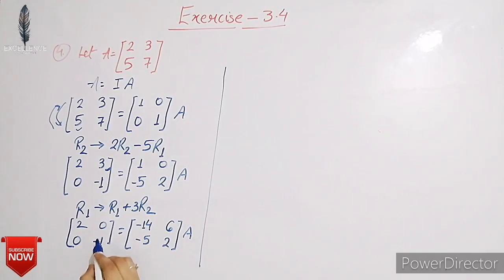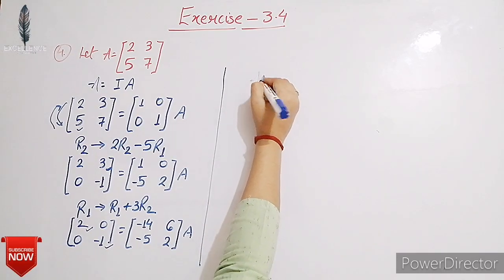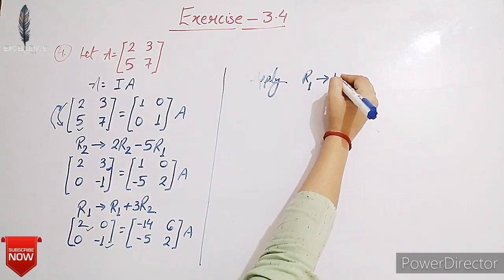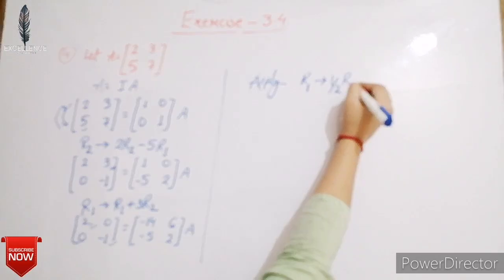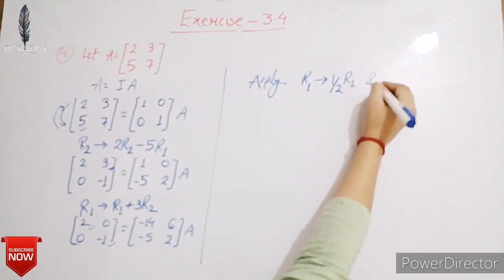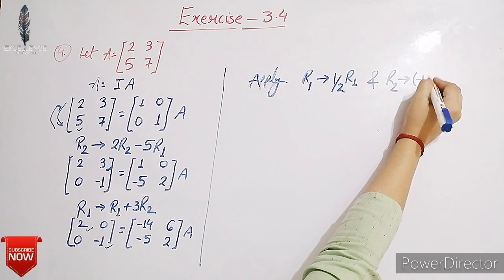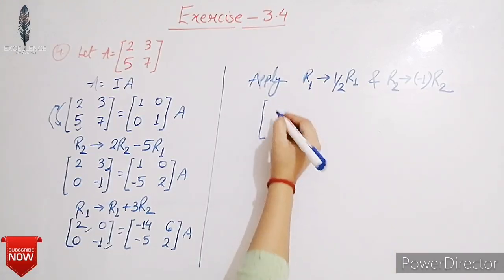Now to make it identity matrix, we have to convert it to 1 1. So clearly we have R1 changes to 1 by 2 R1, and R2 changes to -1 into R2. Okay, apply this change.